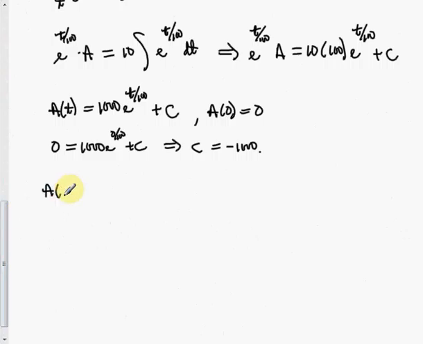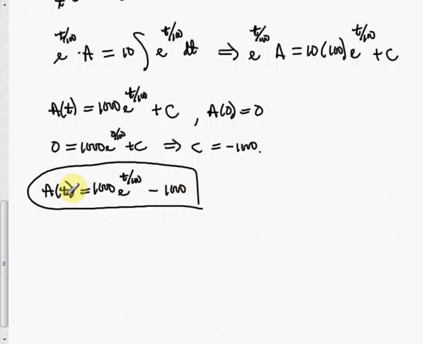So A of t is equal to, here, that 1000 times e to the t over 100 minus 1000. And so now you can take this formula, and at any time t, you can find the amount of salt in that tank.